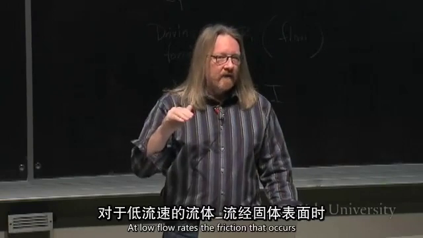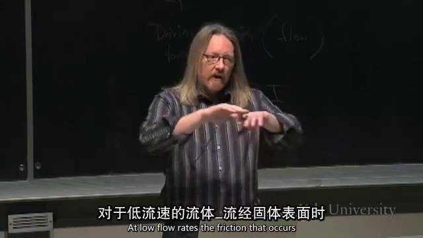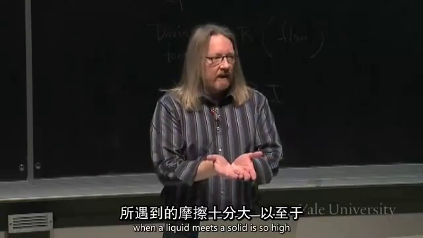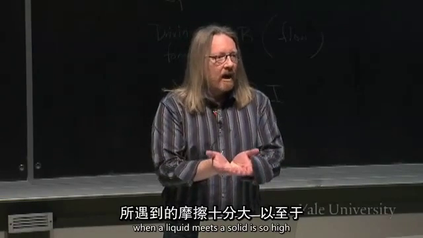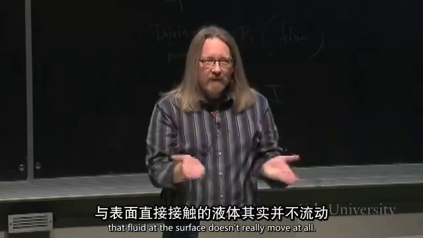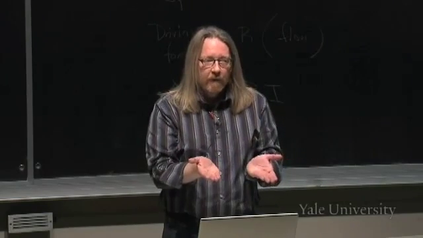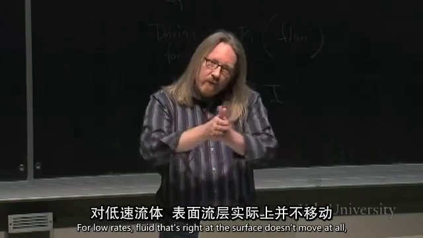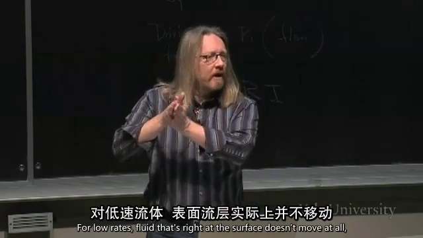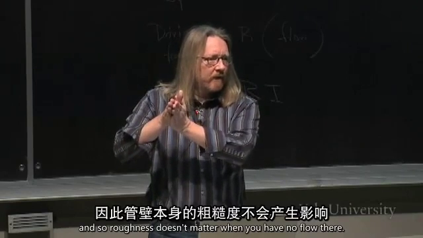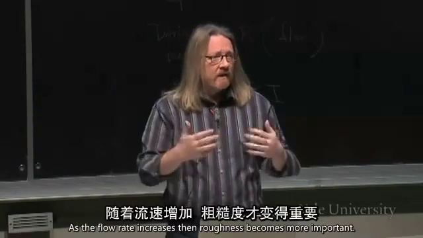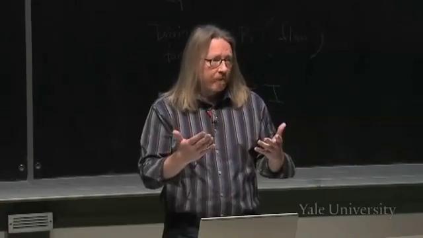At low flow rates, the friction that occurs when a liquid meets a solid is so high that fluid at the surface doesn't really move at all. For low flow rates, fluid right at the surface doesn't move at all, and so roughness doesn't matter when you have no flow there. But as the flow rate increases, roughness becomes more important.